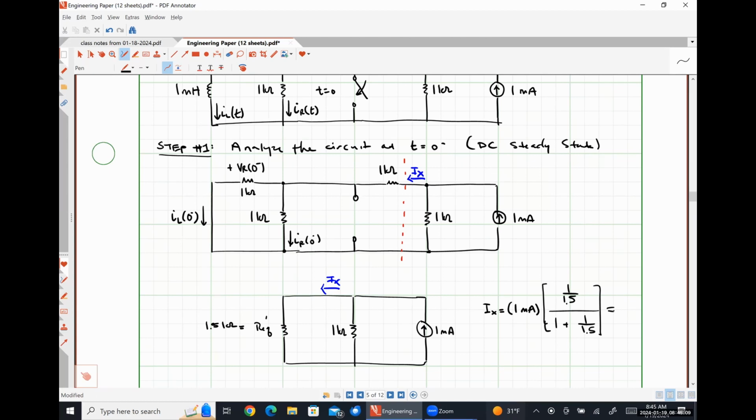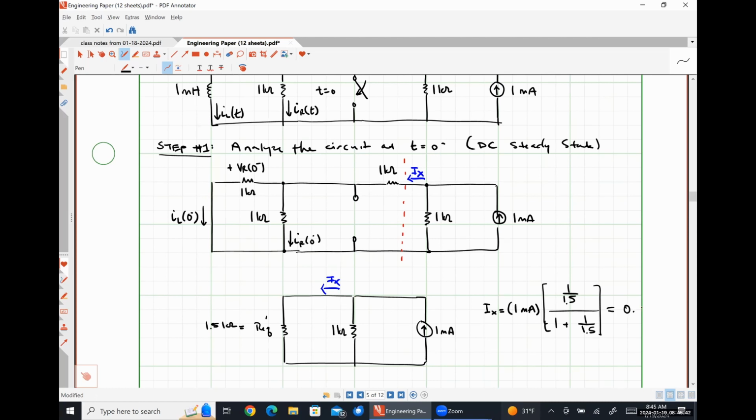So I'm going to throw this in a calculator because I'm too lazy to do it in my head. But I think it's going to come out to be 0.4 milliamps. See? 1 over 1.5, 1 plus 1 over 1.5, 2/5 or 0.4 milliamps.